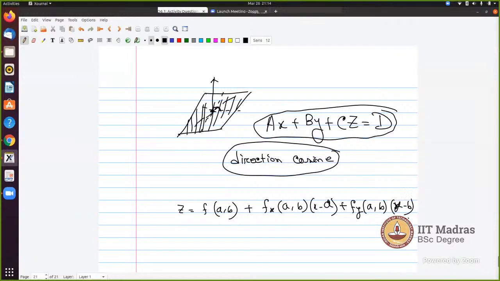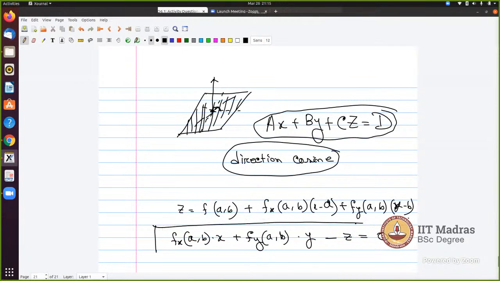Now you expand this and you take all the variables towards one side. So basically the corresponding vector subspace will be like this: fx(a,b) times x plus fy(a,b) times y minus z equal to 0, right?